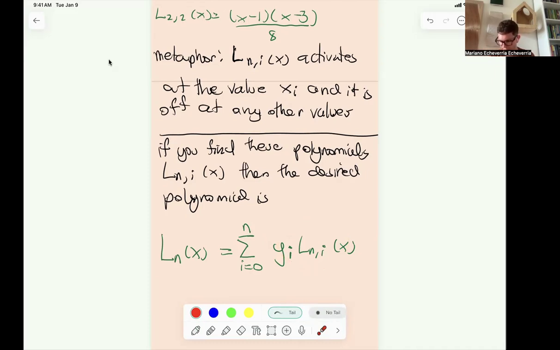So basically, it all boils down to finding these polynomials. This is what I will refer to as the Lagrange polynomial.